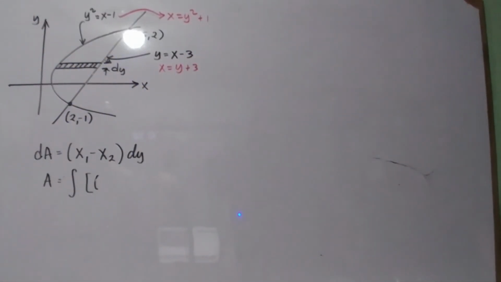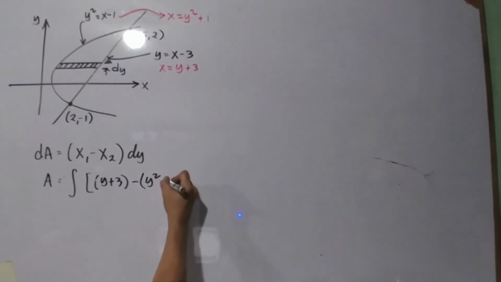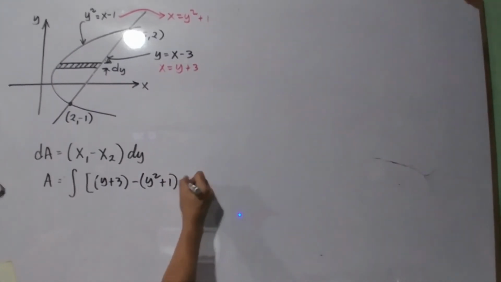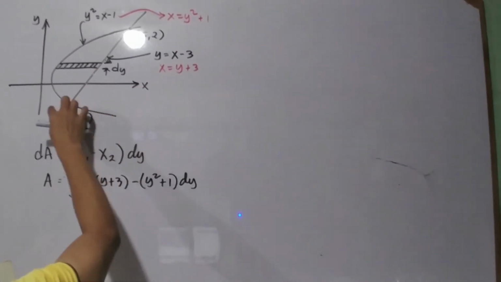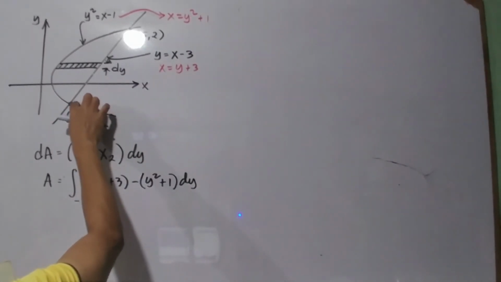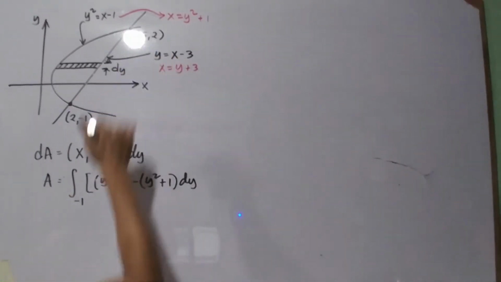So we have the extreme, we have y plus 3 minus y square plus 1 dy from negative 1, our limits from the negative axis of y to the positive, which is 2.